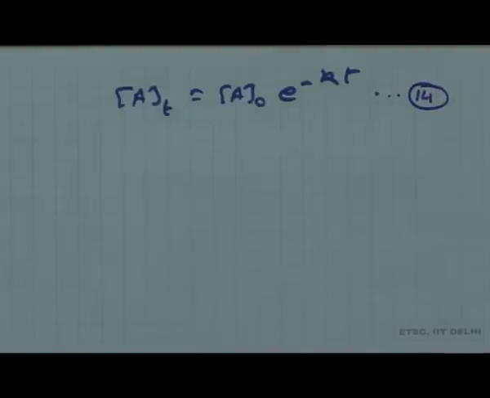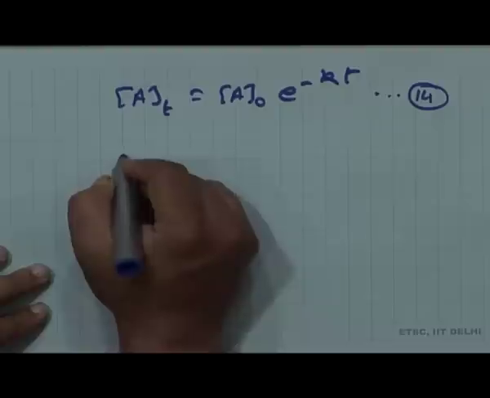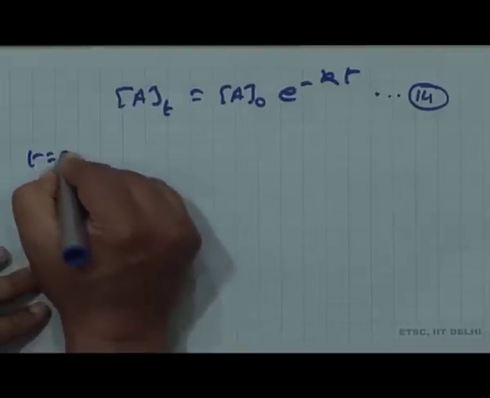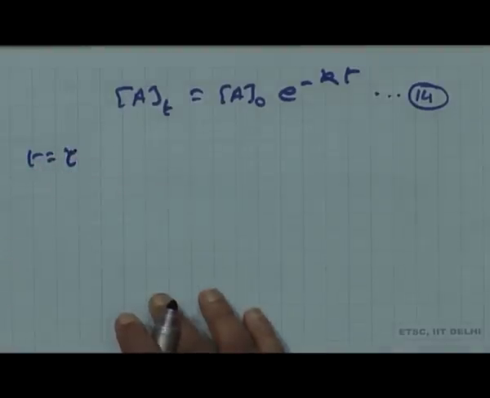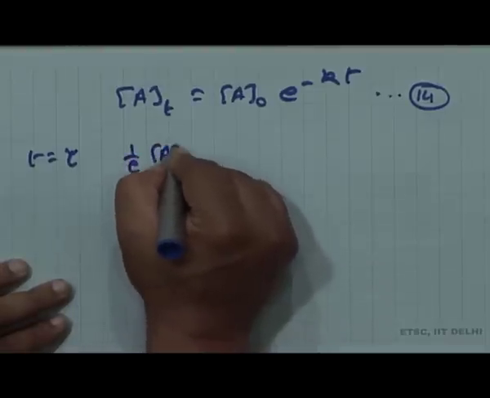Now, what we are saying is at t is equal to tau, the relaxation time, this A of t is what? At t is equal to tau, this is 1 by e A naught.